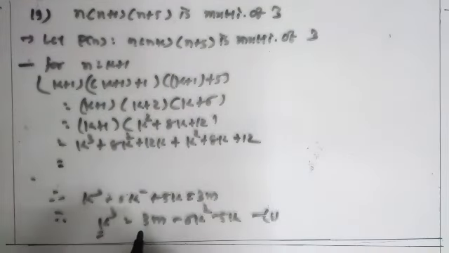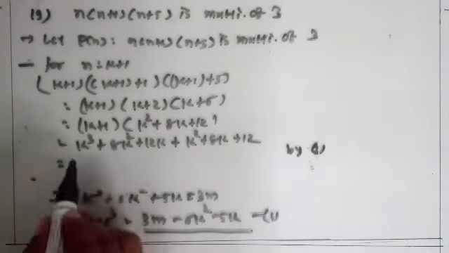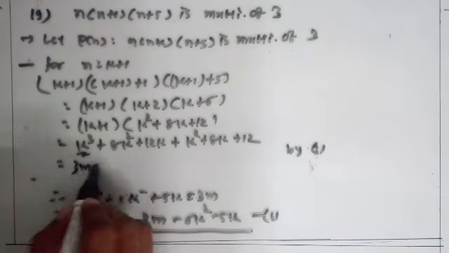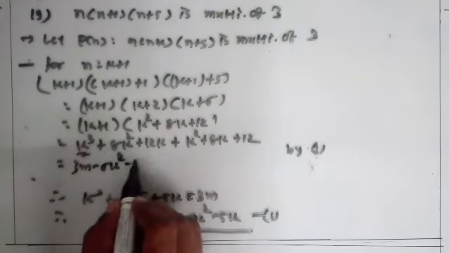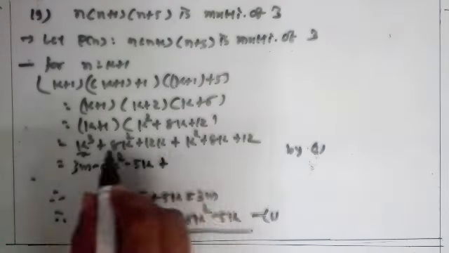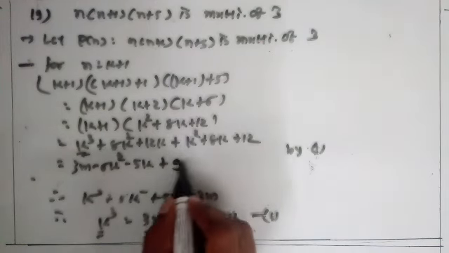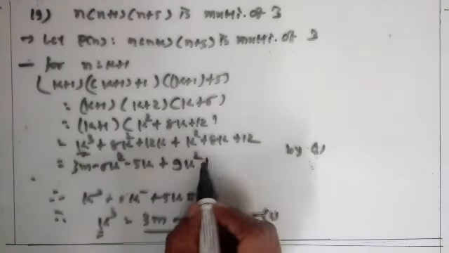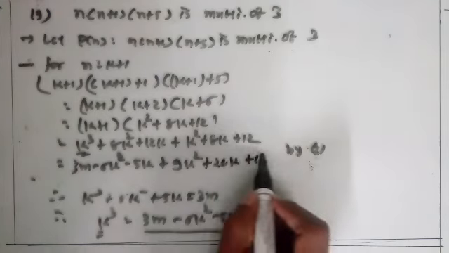So it is equal to, now k raised to 3 is equal to, we know this result by 1. In place of k raised to 3, write this 3m minus 6k square minus 5k plus, now remaining terms write this: 8k square plus k square become 9k square. 12k plus 8k becomes 20k. Clear this? Plus 12.